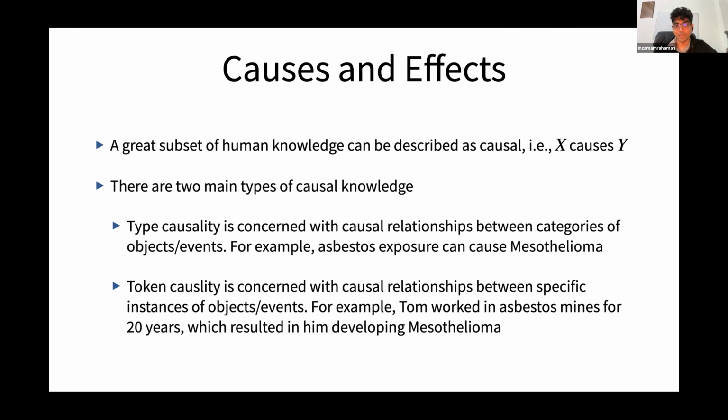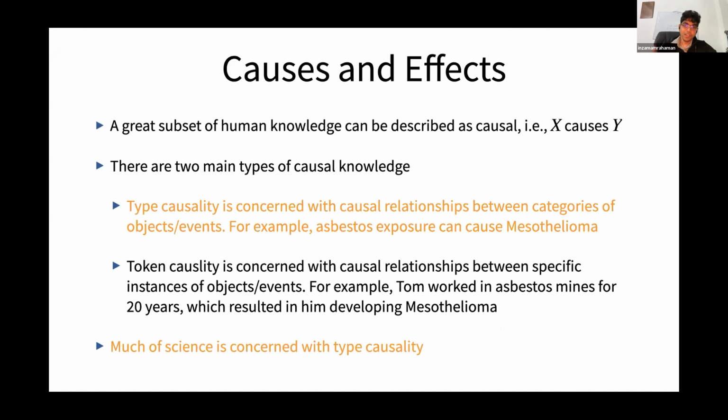The ability to reason, to some extent, is like taking type causal knowledge and then taking other pieces of information and starting to reason about what's causing certain things under different situations.